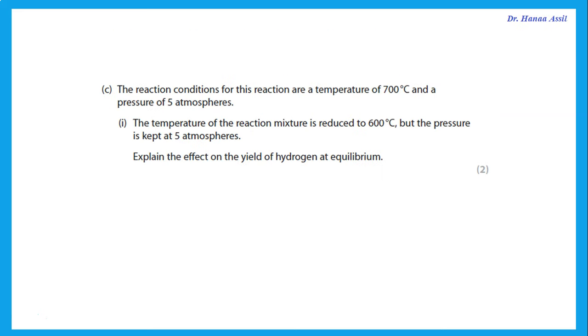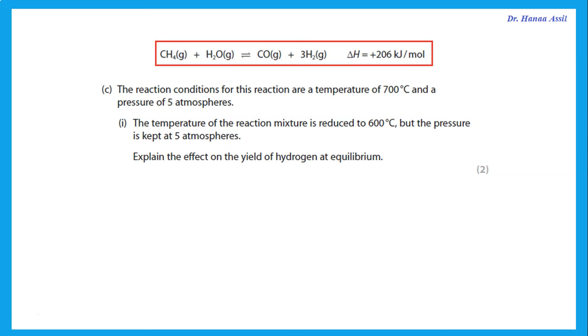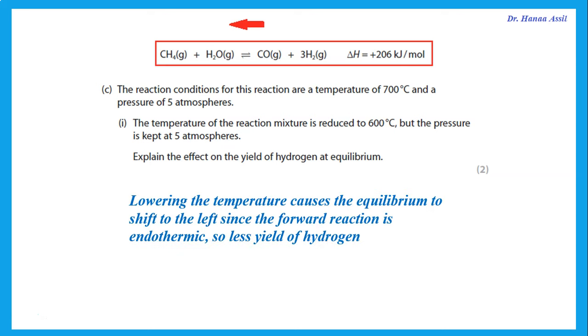The reaction conditions for this reaction are a temperature of 700 degrees Celsius and pressure of 5 atmospheres. Now, the temperature of the reaction is reduced, so we're going to use lower temperature. What is the effect on the yield of hydrogen? You should remember, lower temperature means the equilibrium will shift to the side that is exothermic.